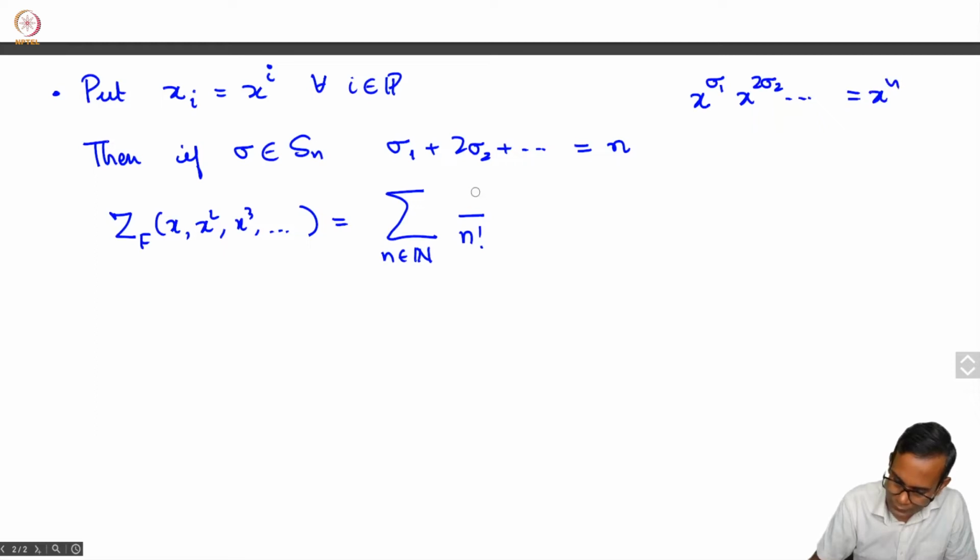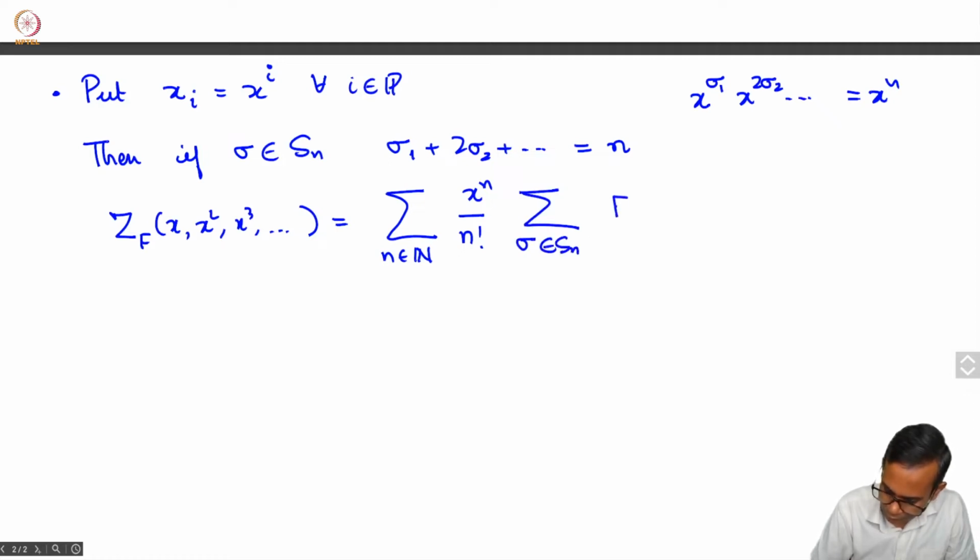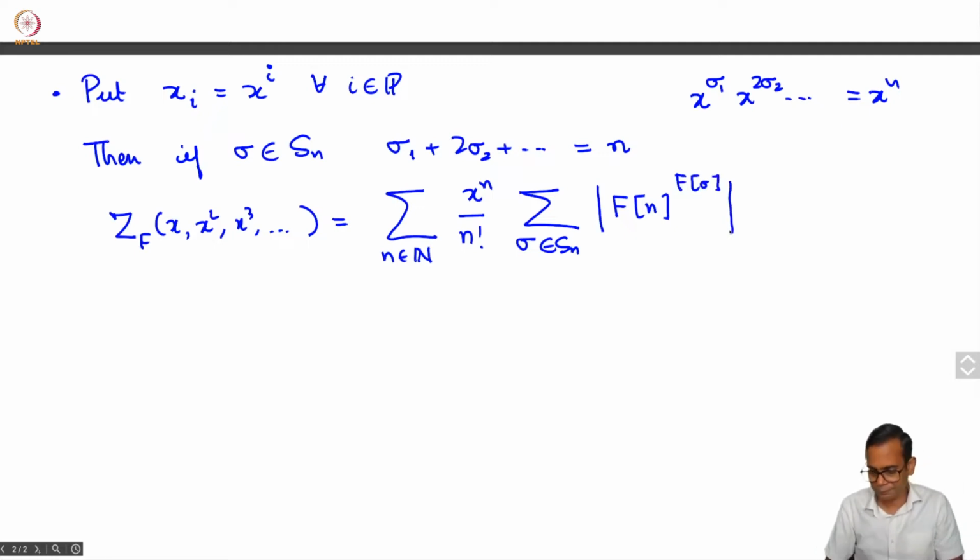So we can pull this x to the power n out, and we have the sum over sigma in Sn of the number of fixed points of F sigma on F[n]. So the coefficient of x to the n over here is 1 over n factorial times the sum over sigma in Sn of the fixed points of F sigma.